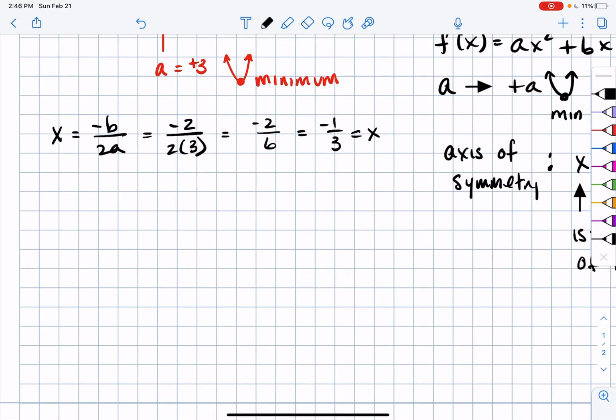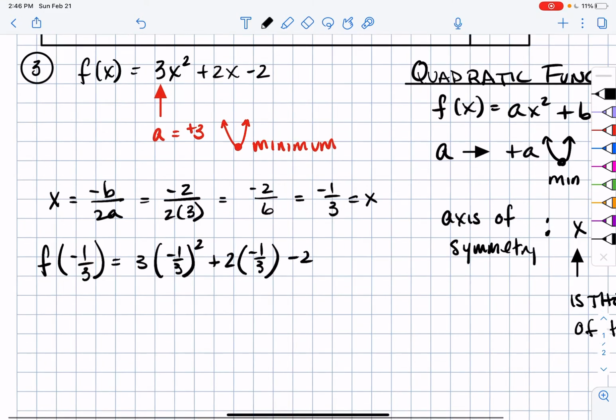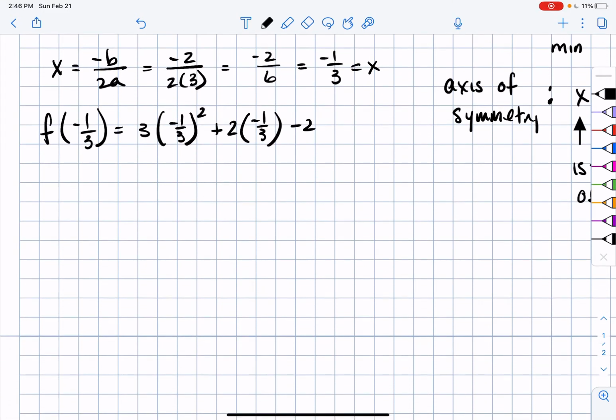So now I'm going to use that x and plug it back into the equation. So it's going to be 3 times negative 1/3 squared plus 2 times negative 1/3 minus 2. Okay, so what do I have? I got 3 times 1/9 plus 2 times negative 1/3 minus 2.